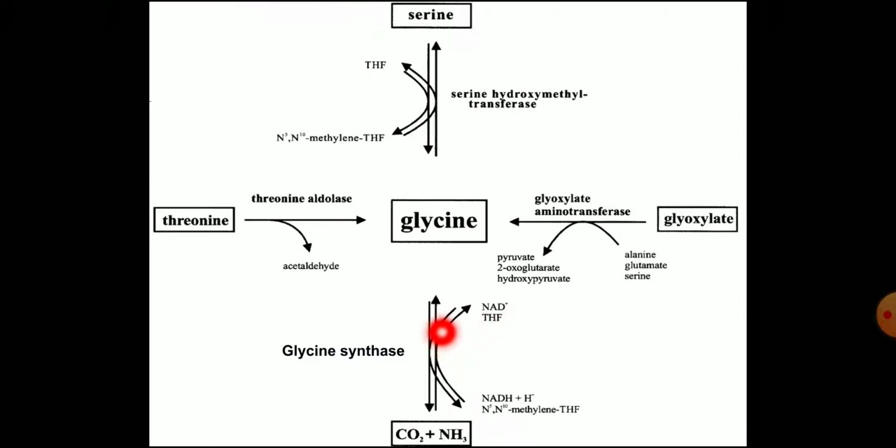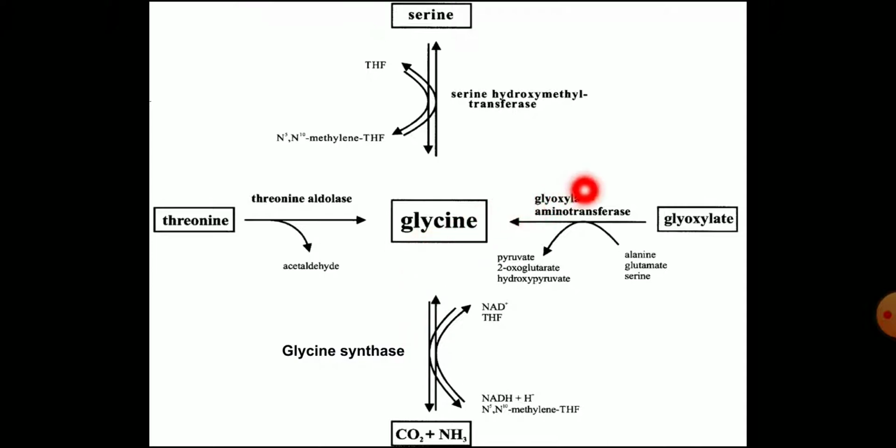It is forming glycine by the enzyme glycine synthase. Here again NADH plus H is utilized, and N5N10 methylene tetrahydrofolic acid is utilized to form NAD, tetrahydrofolic acid and glycine. So here carbon dioxide plus ammonia, with the help of glycine synthase enzyme, glycine is formed.